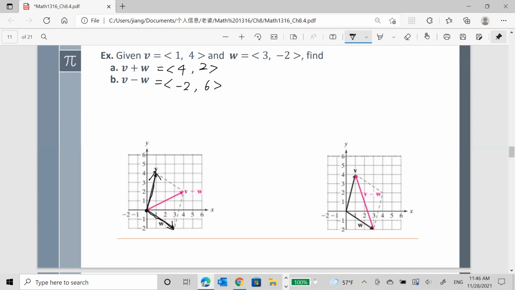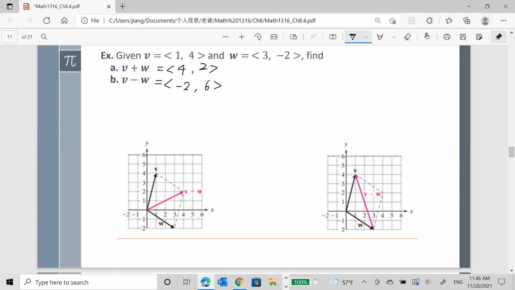And we are looking for the addition. That means we can draw a parallelogram because this is tail to tail. After drawing the parallelogram and lining up the diagonal, the pink one, that's the sum, V plus W. How about subtraction? This is tail to tail.